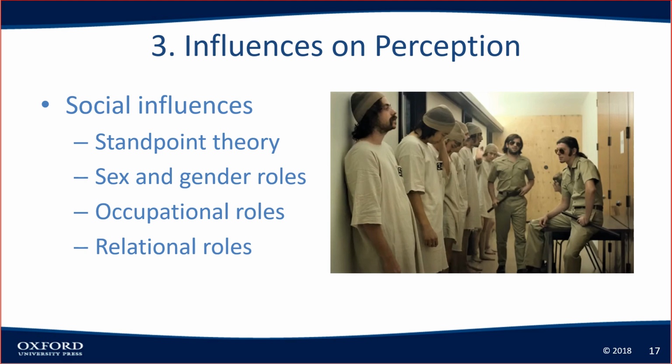And the standpoint theory describes what our position is in a society and how we use that position to define the roles that are around us. So we're talking about culture, we're talking about environment influences. So sex and gender roles can be very significant in the perception process.